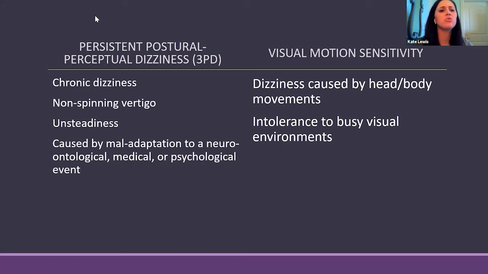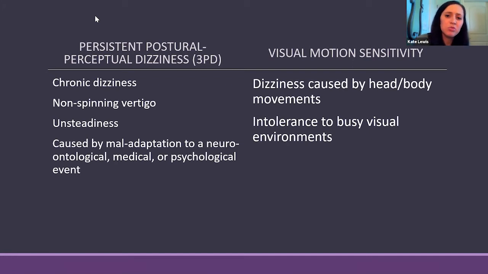And then an individual just doesn't get better, or they just kind of stay dizzy and they kind of develop this persistent, vague dizziness. It's not necessarily a violent vertigo, but it's just kind of feeling off, feeling unsteady, feeling dizzy. And again, this one is believed to be a maladaptation to a vestibular or neurologic event.